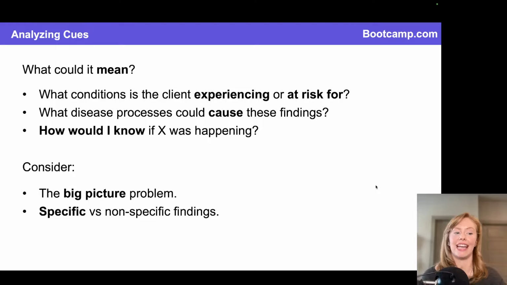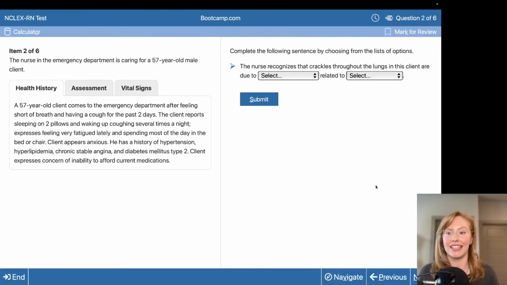Fever, definitely. AK's got it. Fever, white blood cell count might be elevated. Maybe they've got a productive cough, so they're coughing up yellow-green sputum. So if our non-specific finding is shortness of breath, our specific findings might be the fever, the sputum, the white blood cell count. So we want to consider the big picture here as we go in to analyze these cues.